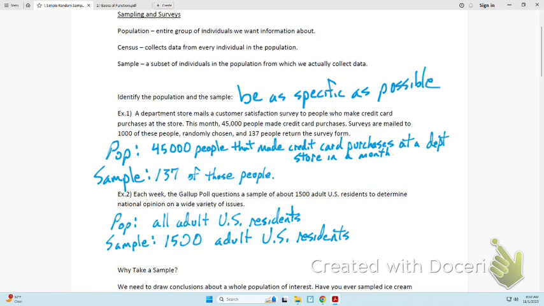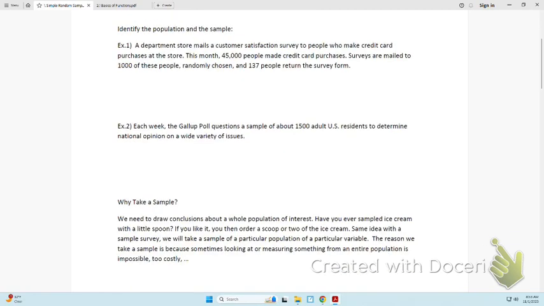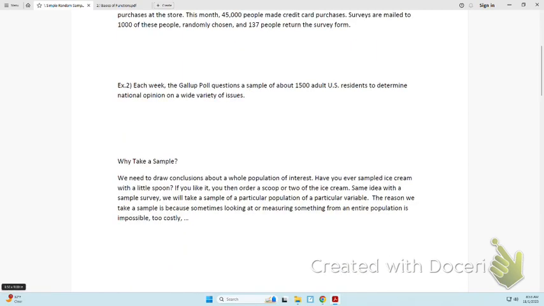All right, we took it a little bit further. Here's this little ice cream scenario on why we take a sample. Sometimes it's just not realistic to measure the entire population. And this would make perfect sense in the ice cream world. Why would we want to eat an entire tub of ice cream just to figure out if we like it?